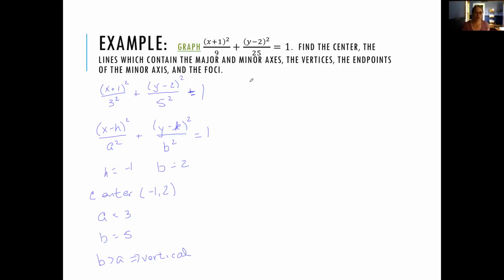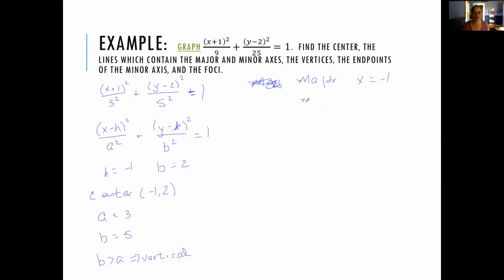So my major axis, major, M-A-J-O-R, is a vertical axis lying along the line x equals -1.